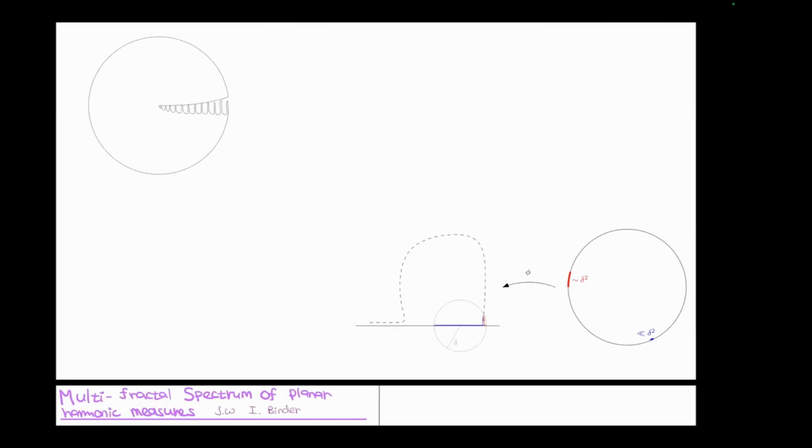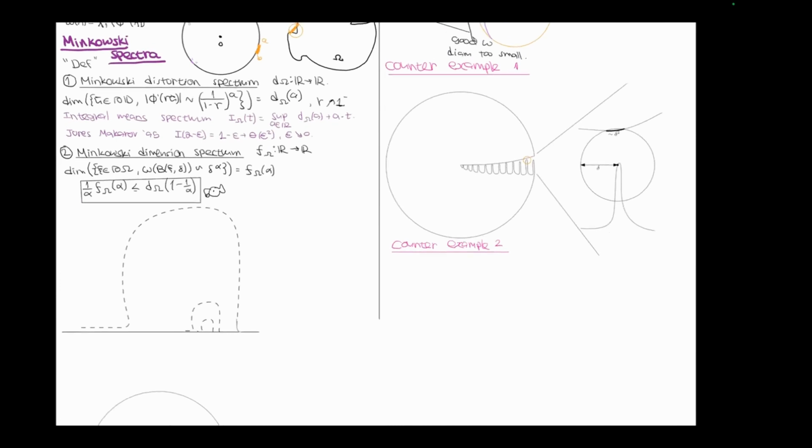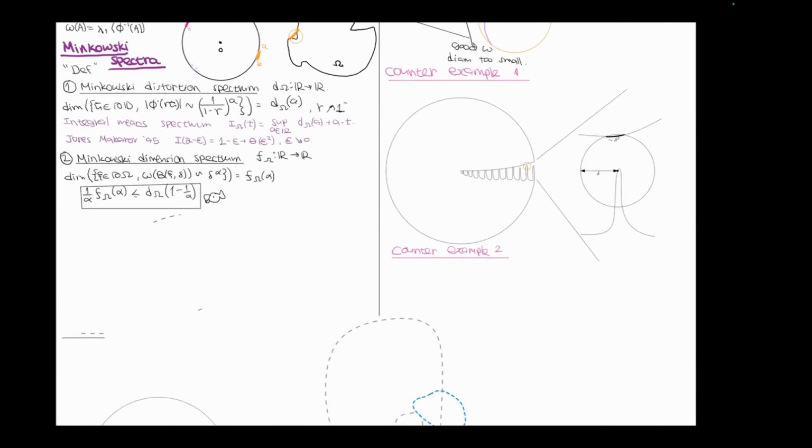If you fix one specific scale, which is say this scale, and you take a disk somewhere near these points, once again, you have two options. You can either choose the inner curve, the blue curve, but it will cost a lot to get in there, and so the harmonic measure is very small. Or you can choose the outer one, which has a lot of harmonic measure, but it's too small. So this brings us to our first theorem.